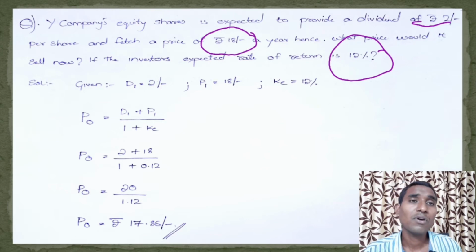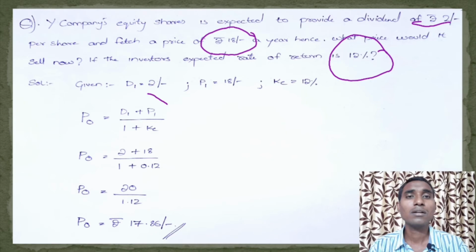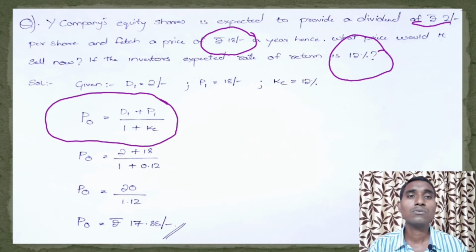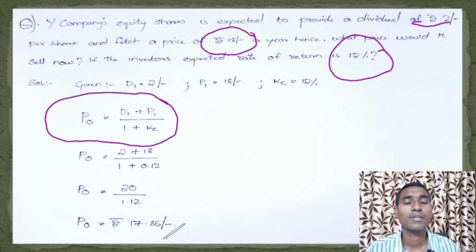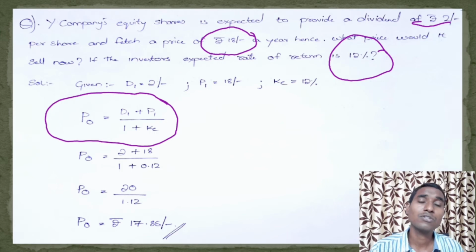In case you are holding this share for 1 year, you need to use a formula: P0 is equal to D1 plus P1 divided by 1 plus KE. P0 is the present value of an equity share, D1 is the expected dividend, P1 is the price at which you sell in the future date, and KE is the cost of equity capital.